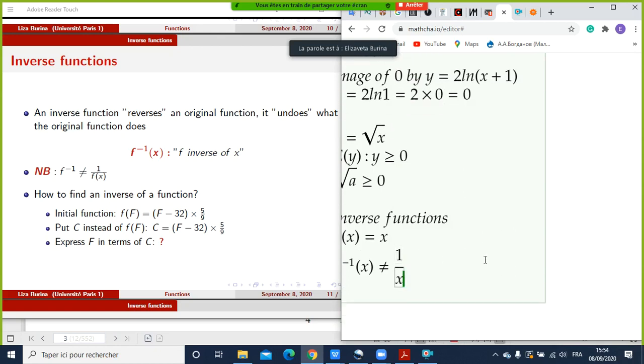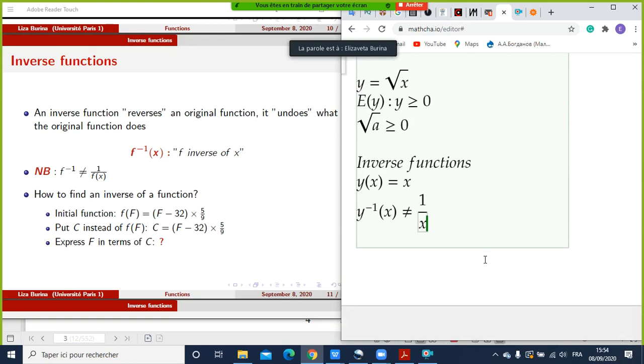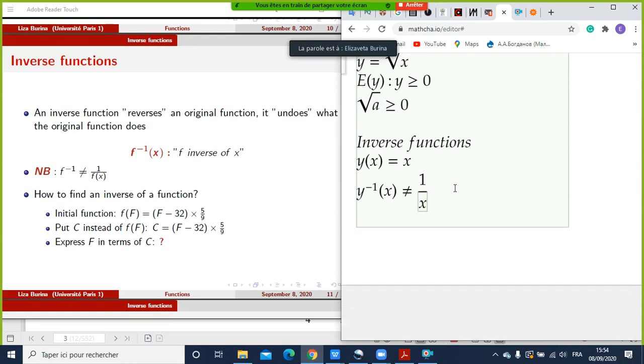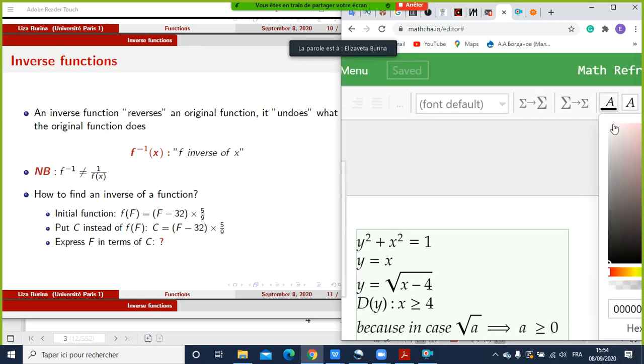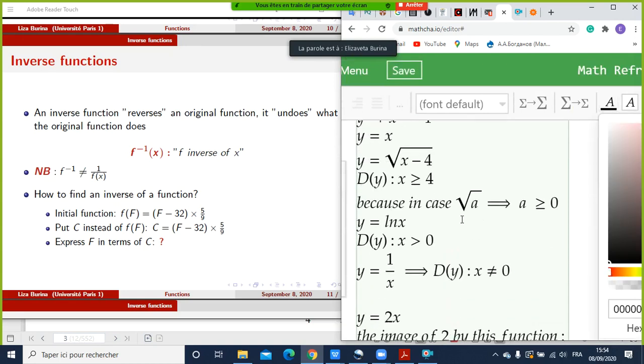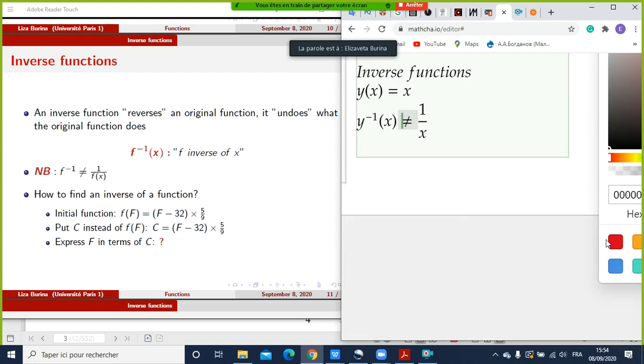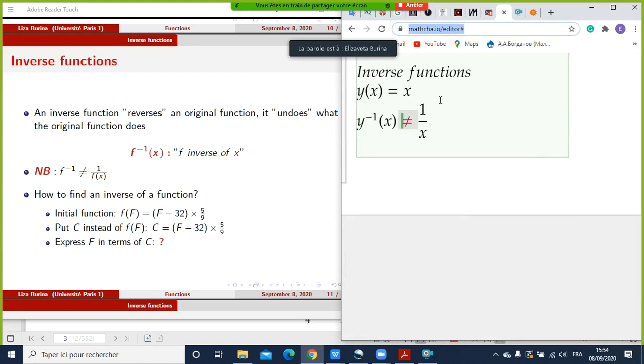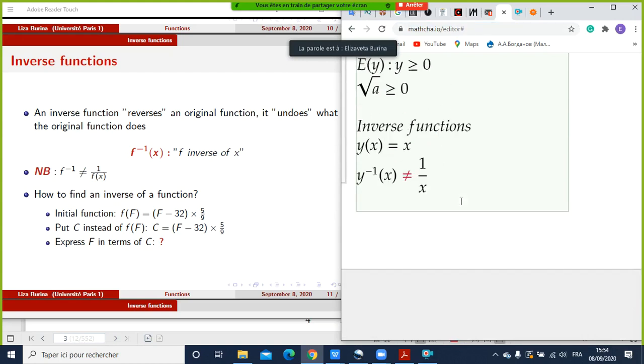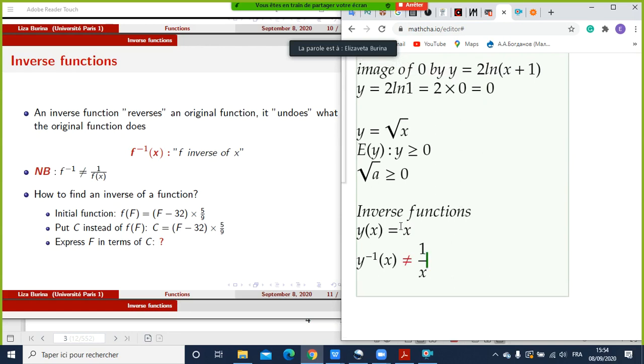I don't like writing stuff like that very much because for some reason it is remembered as equal, but it is not. So let's do the red. Okay, it didn't work. Red. Okay, it worked. So here, it is not just putting the function to the power of minus 1. Okay, so how does it work?